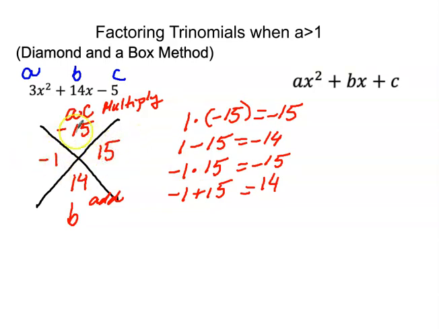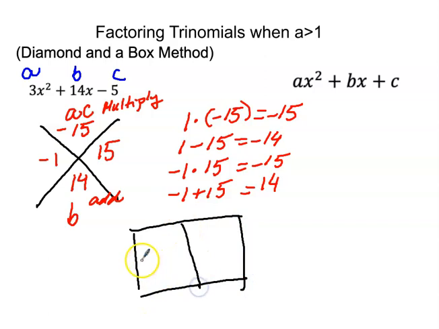All right, so once I have those numbers, what am I gonna do next? Next, we're gonna create a box. Sorry, the box is not very straight. And now the first term, the first monomial over here, we're gonna write in the top left corner.